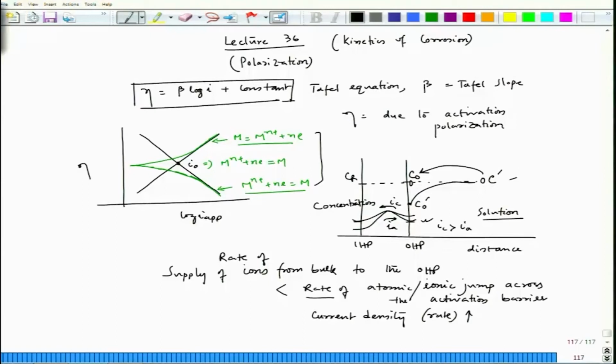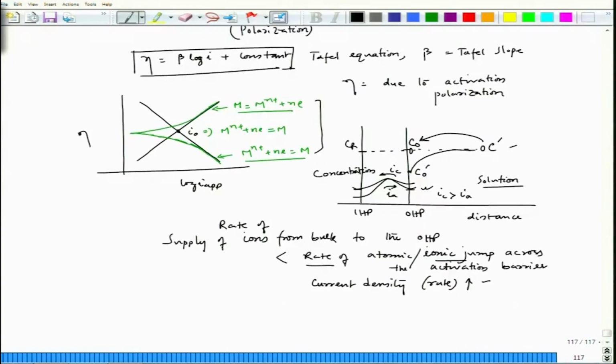This is the interface concentration due to this very high rate of current flow, because of this higher rate of ionic jump across the activation barrier. In that situation we come across another type of polarization, which is called concentration polarization.